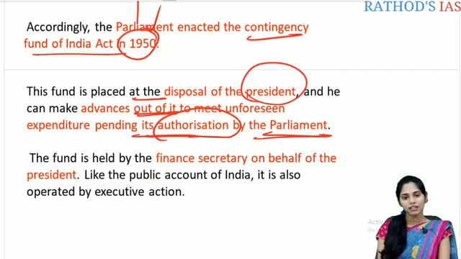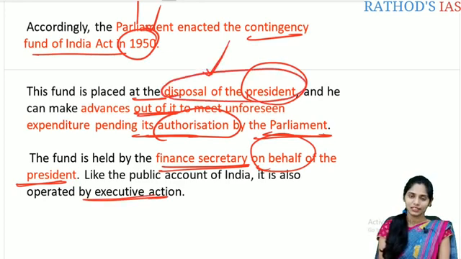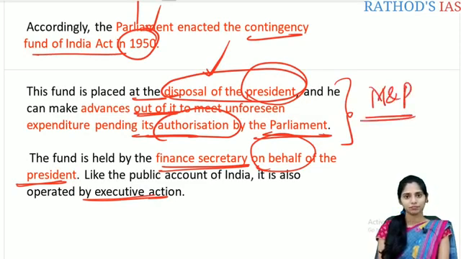This fund is held by the Finance Secretary on behalf of the President. Like the Public Account of India, it is also operated by executive action because it is under the disposal of the President. So these are some facts that you should remember regarding the mains as well as the prelims.